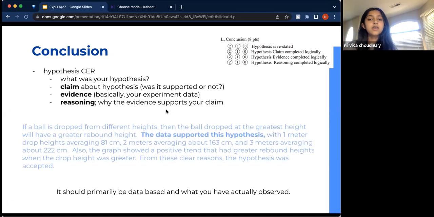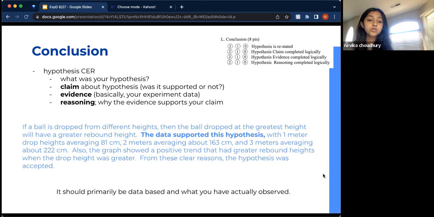So here's the conclusion for our experiment. If a ball is dropped from different heights, then the ball dropped at the greatest height will have a greater rebound height. The data supported this hypothesis with 1 meter drop heights averaging 81 centimeters.